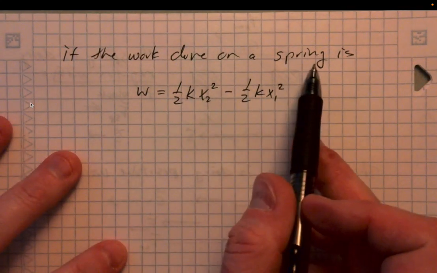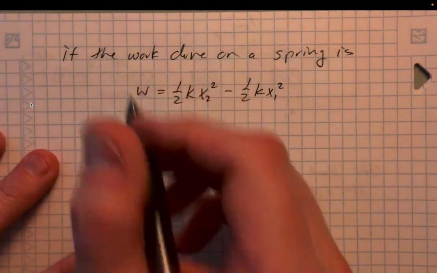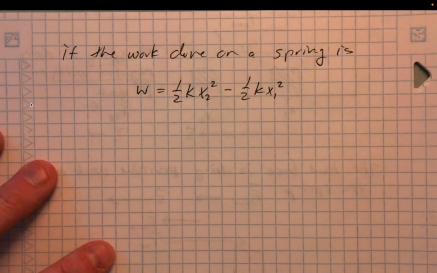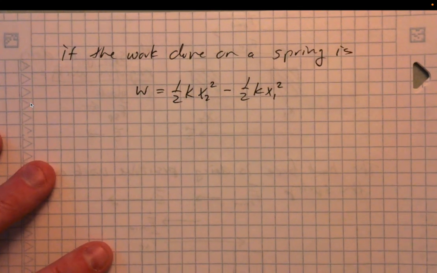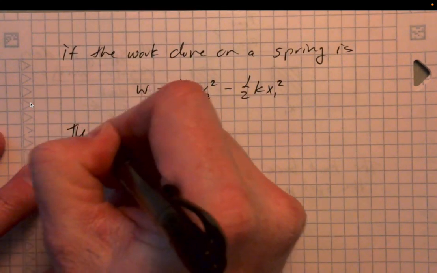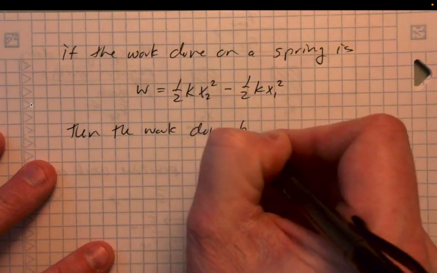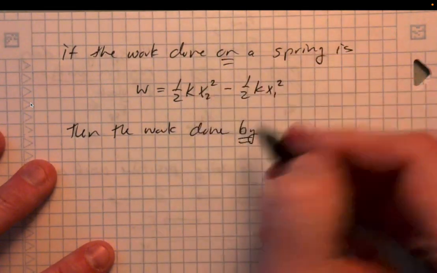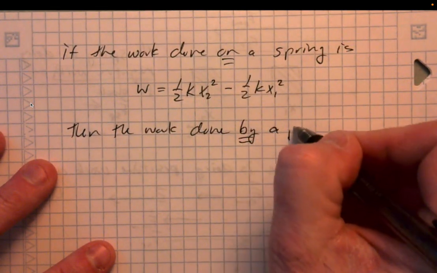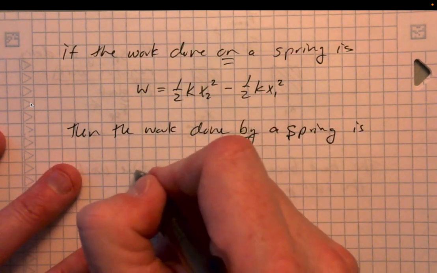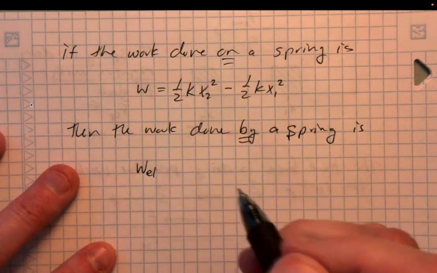If this is the case, then we see just from the previous argument that the reverse scenario would be the work being done by a spring. Then the work done by a spring, this is on a spring, and so this is by a spring, is, and I'm going to call this work elastic, right?